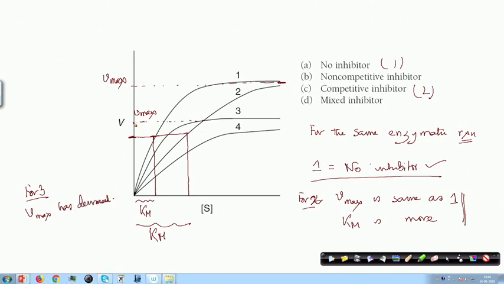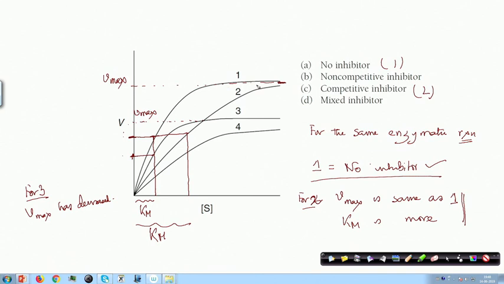So, if this is the Vmax, then half of Vmax is somewhere here, half of Vmax. So, this is the half of Vmax for the curve 3, remember, and then you draw the line again, and this is connecting here, crossing the number 3 here, and then you draw the same perpendicular as was drawn for the absence of any inhibitor.